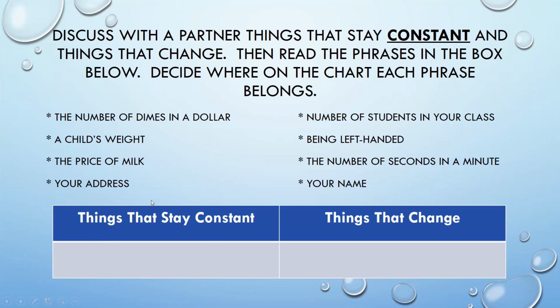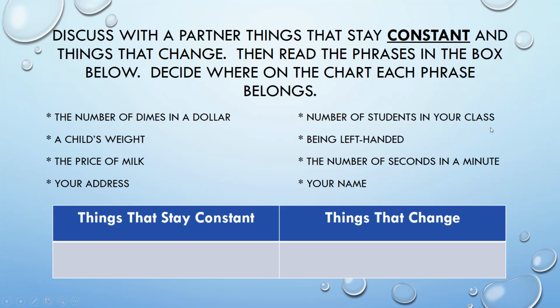Your address is something that's probably not going to stay constant. It might be constant for a while. So like when I was living at home with my parents, my address was constant that whole time. But then as I got older, my address changed.